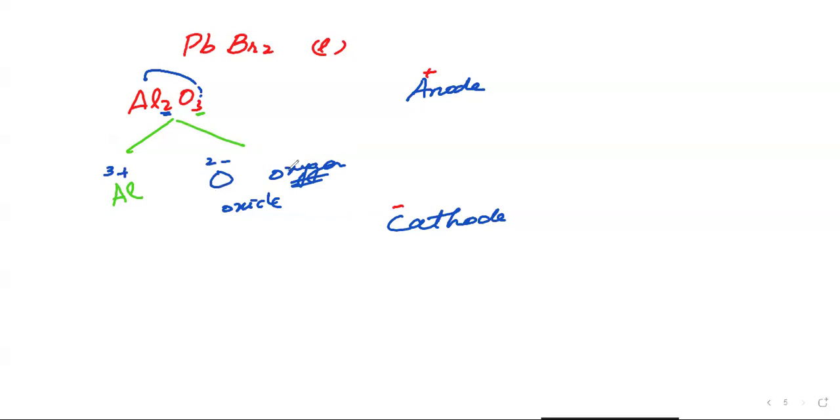Which ion will migrate toward anode? Obviously oxide ion. What happens at anode? This oxide ion has minus 2, guys, so it will lose 2 electrons and convert into oxygen atom. Everyone remember this fact: oxygen is diatomic, so we put 2 here. Each oxide ion is losing 2 electrons, so 2 oxide ions will lose 4 electrons.